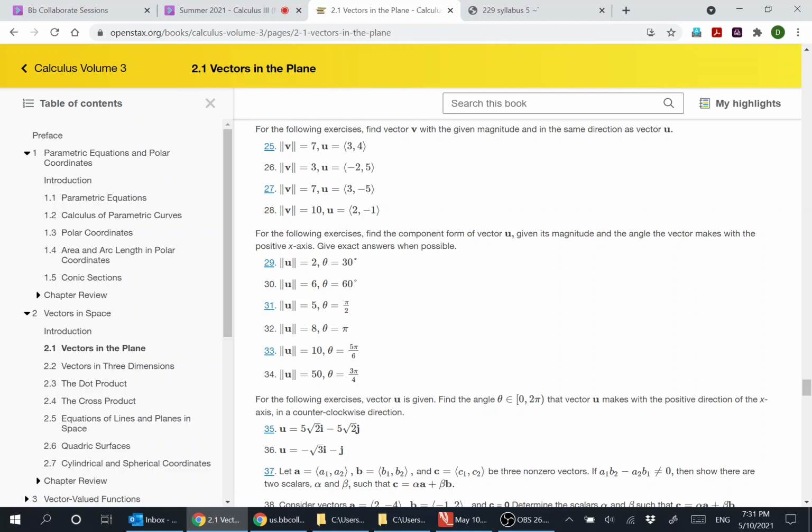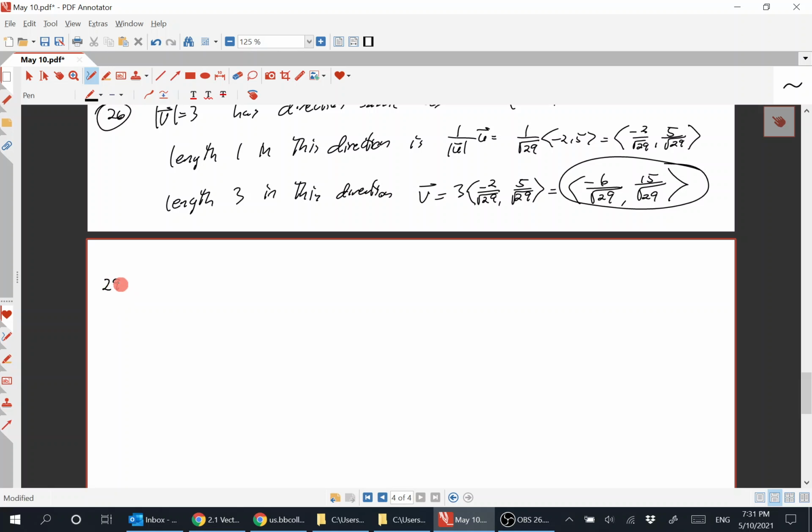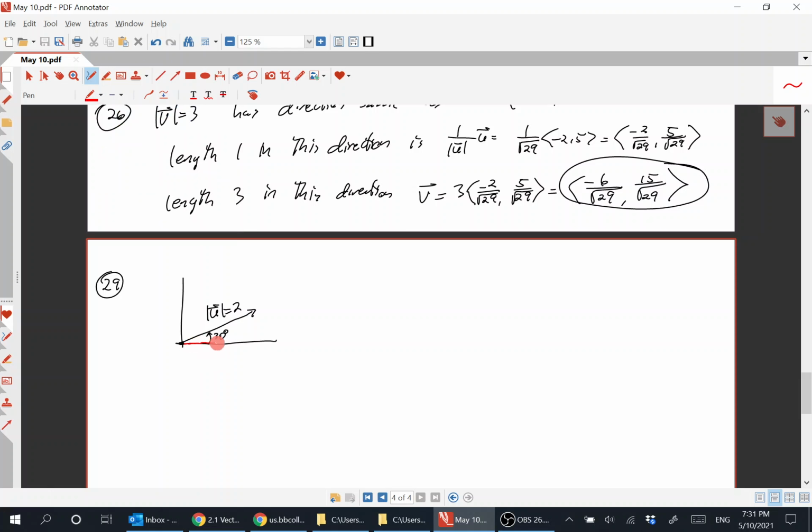So the length of u is 2, and the angle with the x-axis is 30 degrees. So then find the components of u. Well, the components of u are just the legs of the right triangle that defines this vector.